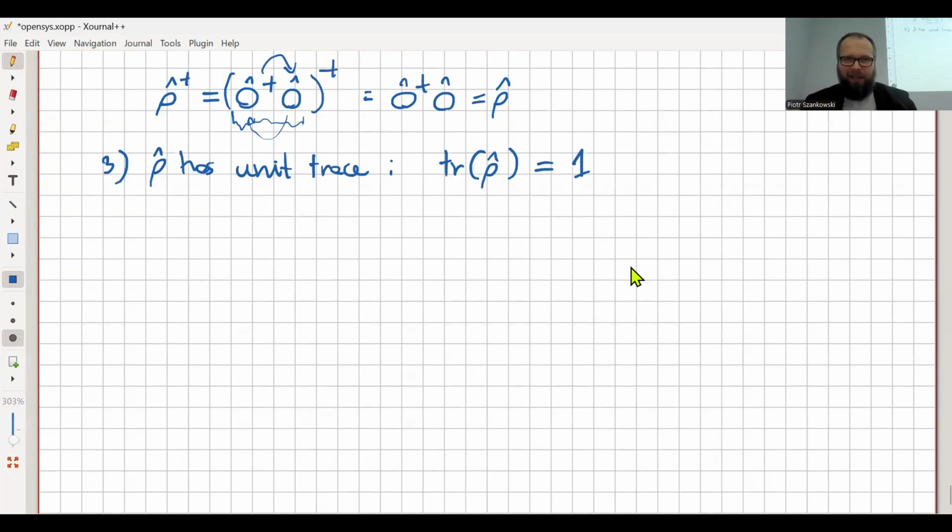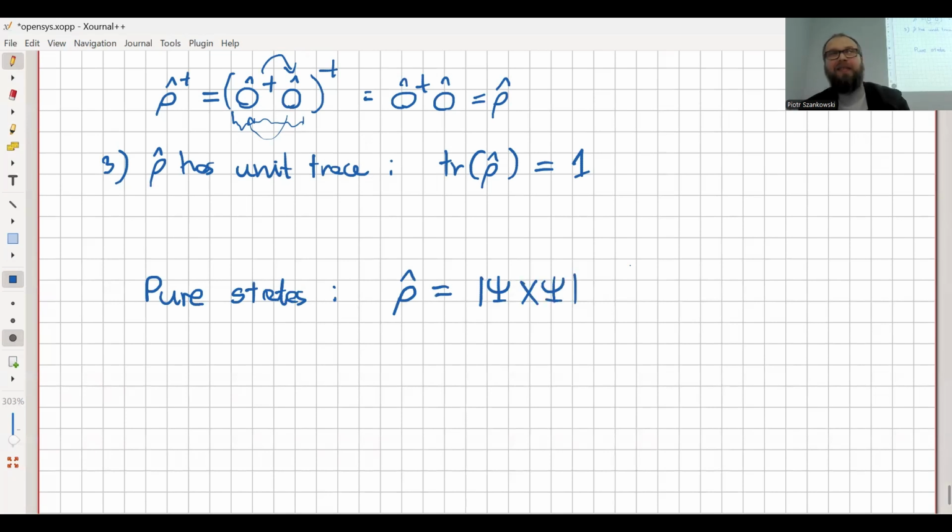And now the simplest example of a state represented by a density matrix are so-called pure states. You get a pure state when your rho can be written as a projector on some ket. Okay.